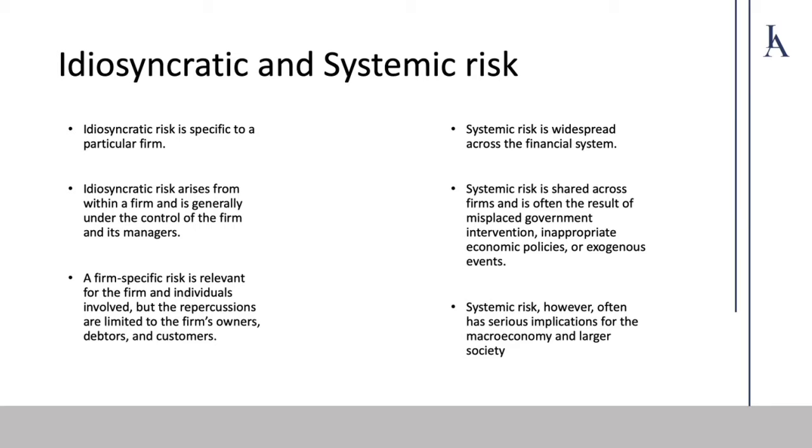As a consequence, the response to the two sources of risk will be quite different. Managers within a firm can usually control and manage idiosyncratic risk, but they often cannot control systemic risk, for obvious reasons. More importantly, firms generally take the macroeconomic environment as given and adapt to it rather than work to alter the systemic risk environment.